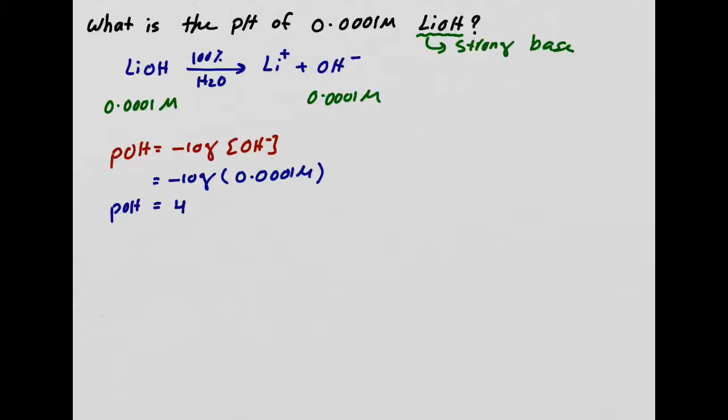Okay. Now I have pOH, but what I want is pH. But that's okay because I know pH plus pOH is equal to 14. So all I have to do is 14 minus 4, which gives me 10. And 10 is going to be the pH. The pH is basic. Is that what you expected? Yeah, you have a strong base. That's what you expected. That's pretty cool, right?